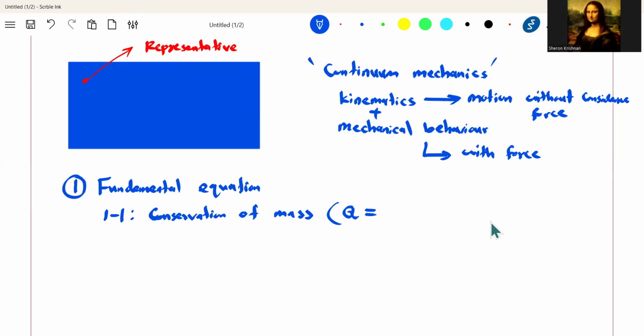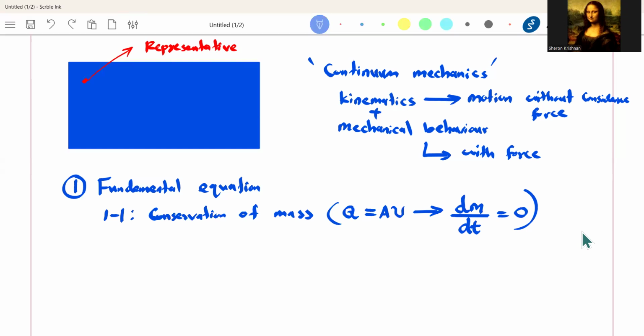So you studied cross sectional area times velocity, something like that. How do we get this equation? Based on this: the mass does not change with time. That means the derivative of mass with respect to time is zero. This mass is constant. So that is the conservation of mass.